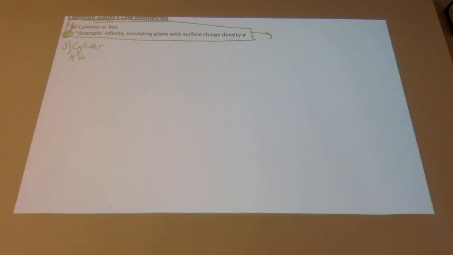It is a very long, think so long it might as well be infinite, a very long, straight wire with a positive charge density, and we'll call that lambda.